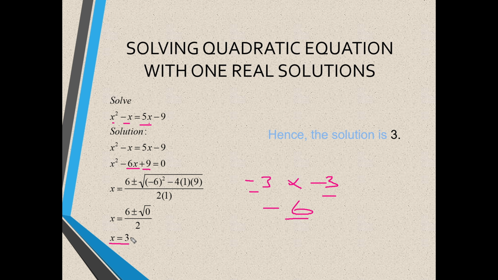This will be something like -3, and the other side will also be -3. So it's just -3 squared, possibly, if I'm not mistaken. So yeah, this will be it. It will just be negative, negative.